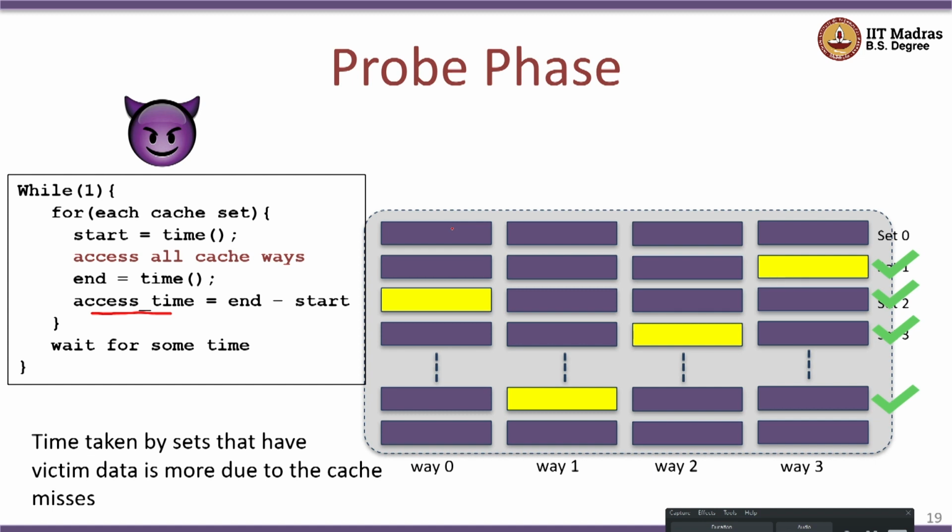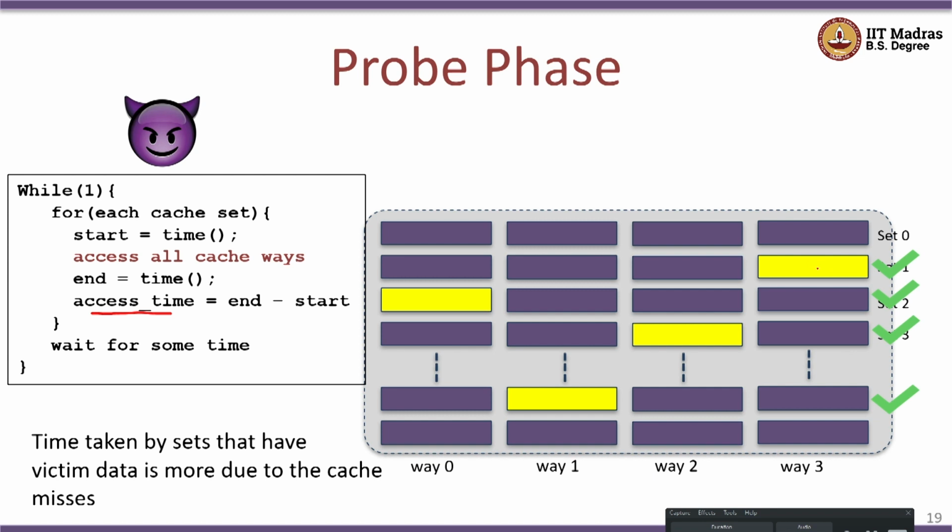On the other hand, when the spy process during the second iteration of the for loop is accessing set 1, it would observe 3 cache hits, which would be considerably quicker, and 1 cache miss, where the spy's data has been evicted and replaced with the victim's data.